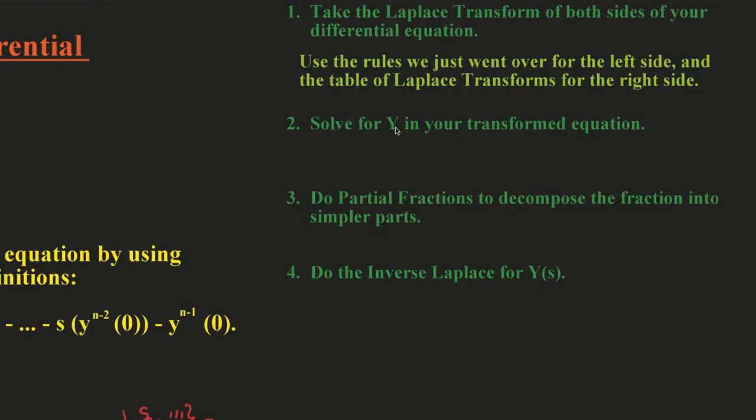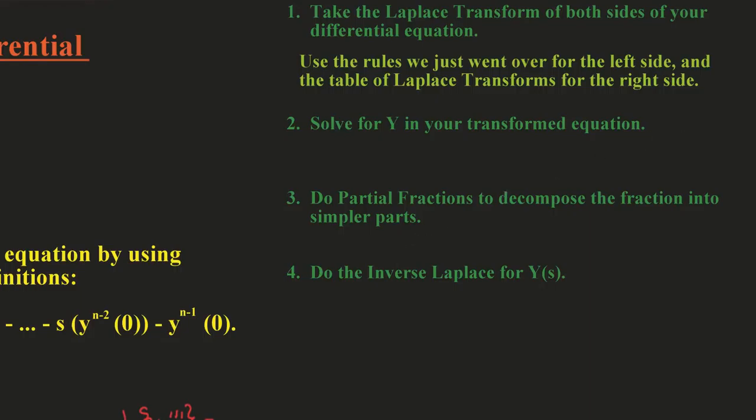Then you're going to solve for the capital Y that was not attached to a 0 in your transformed equation, and bring everything else to the other side. Then factor out the Y, and divide. And then you'll have to do partial fractions to simplify and decompose the fraction into simpler terms.